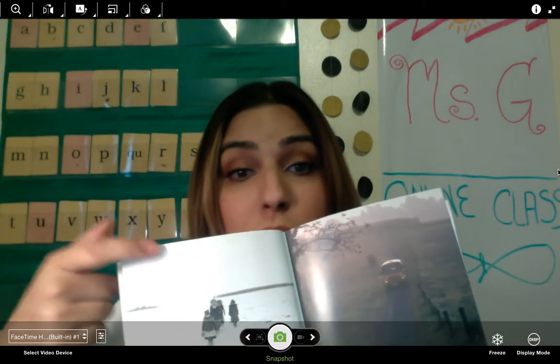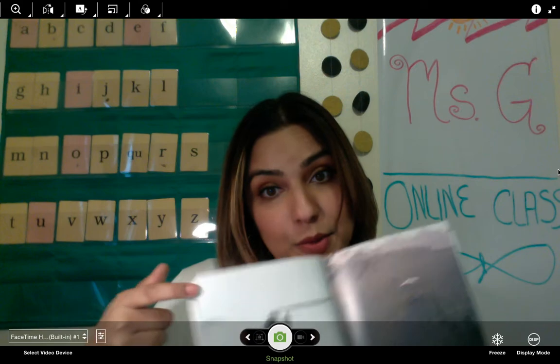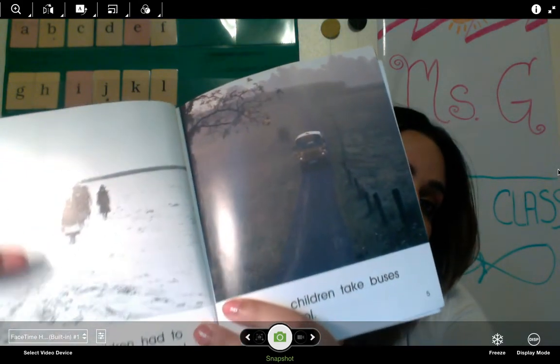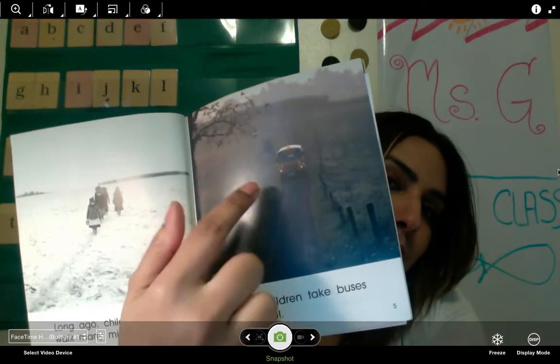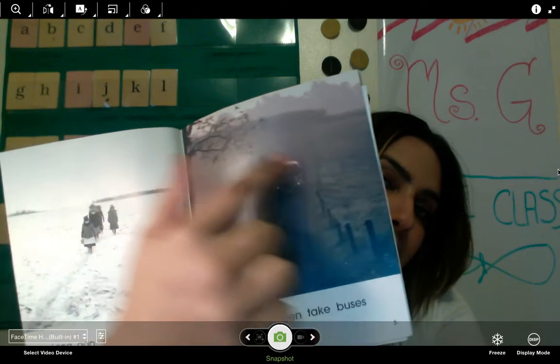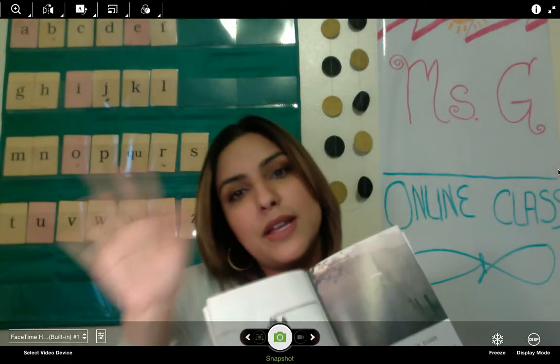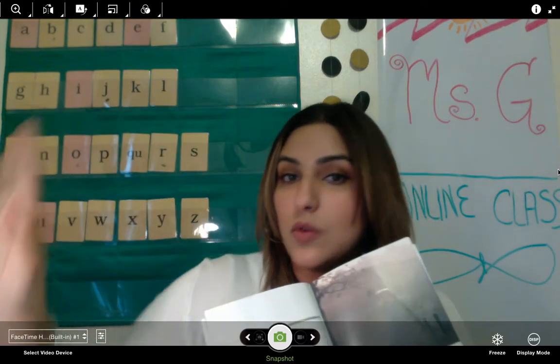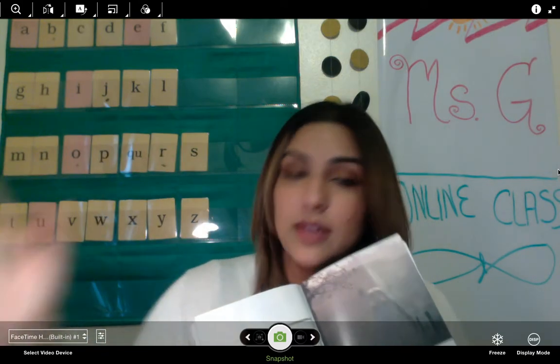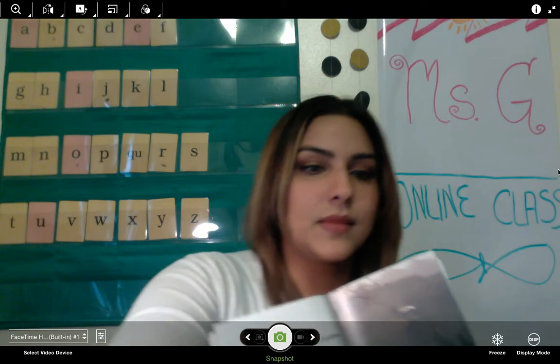And I can probably get that this is the past also by the color of the photo. Who remembers that? The color of the photo is black and white. So that means it's in the past. This is present because it's in color. So now I know these pages are telling me that was in the past. We used to walk to school, and now we could take a bus.